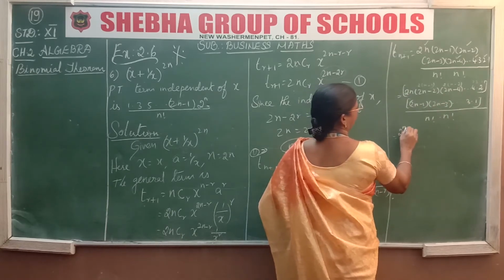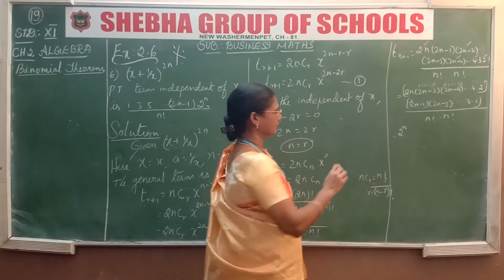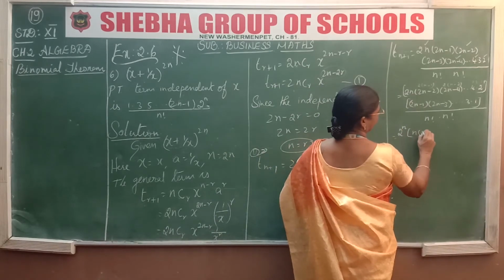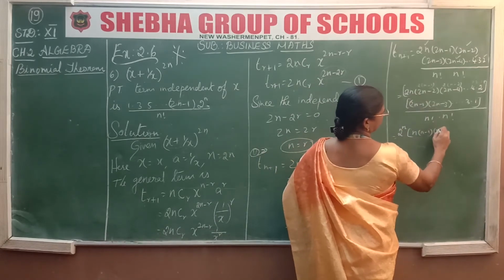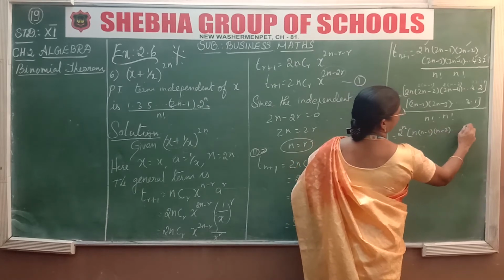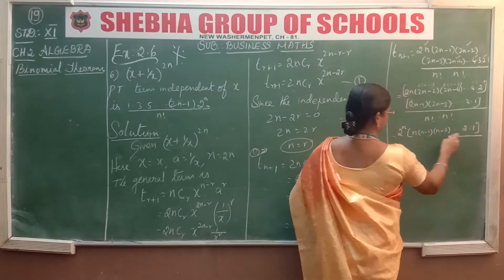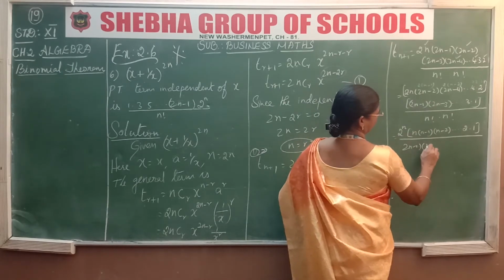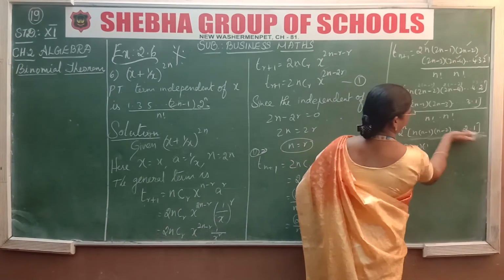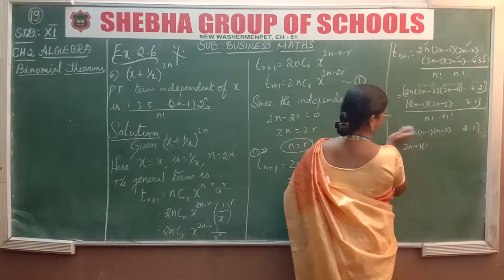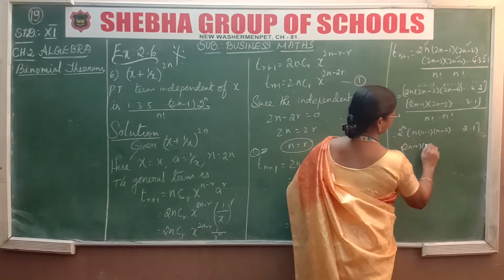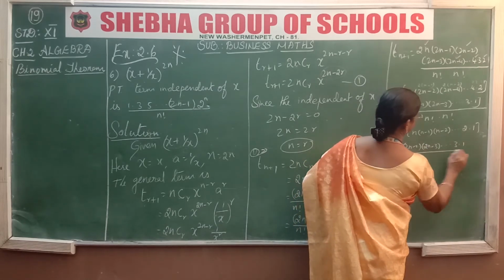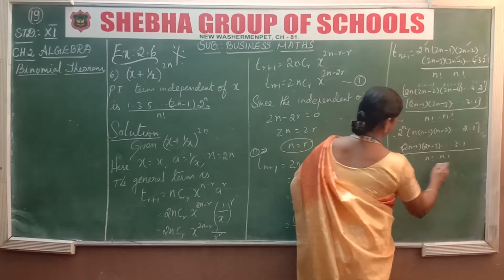So collect all 2's, we get 2 power n into n minus 1 into n minus 2 into, etc. up to 2 into 1. And this one, that is 2n minus 1, into 2n minus 3 up to 3 into 1 by n factorial into n factorial.